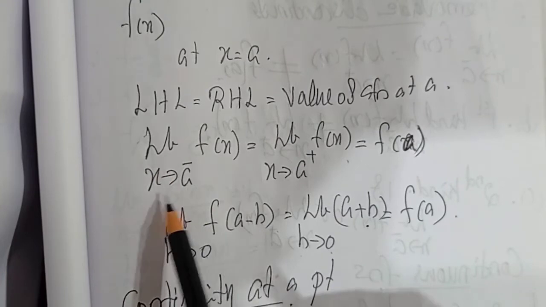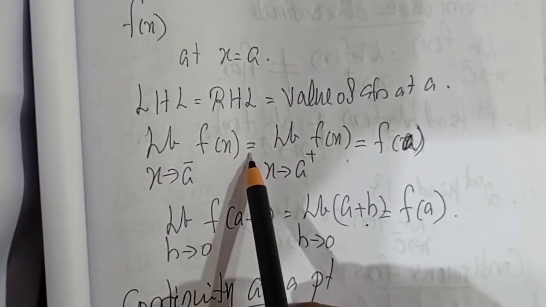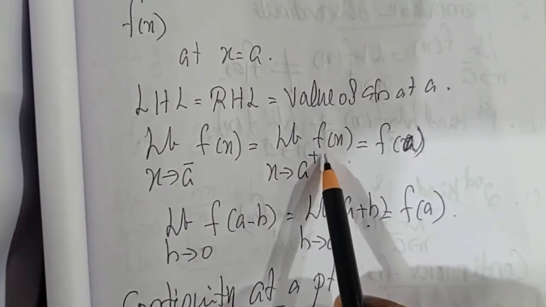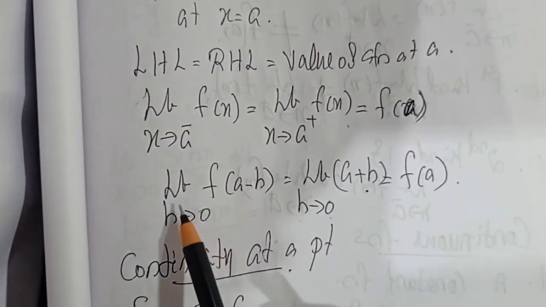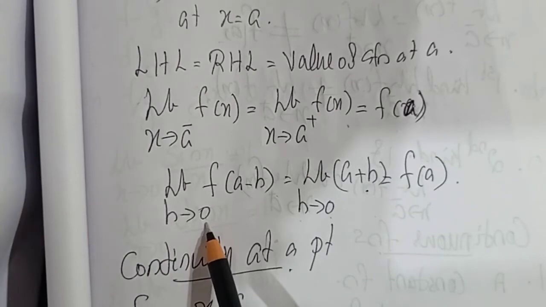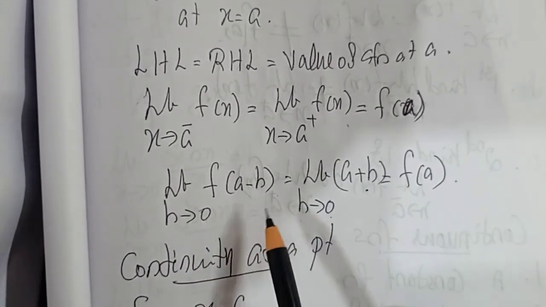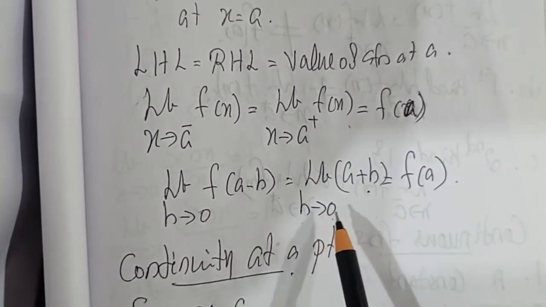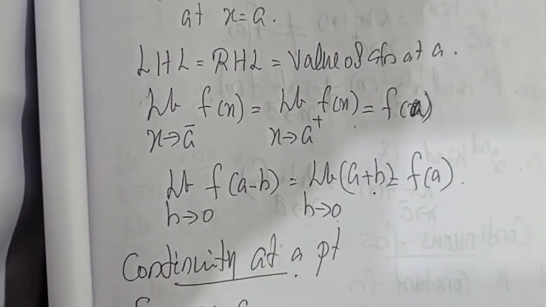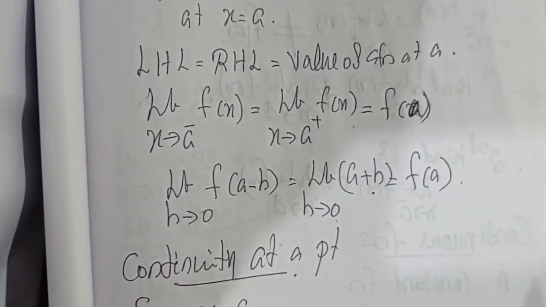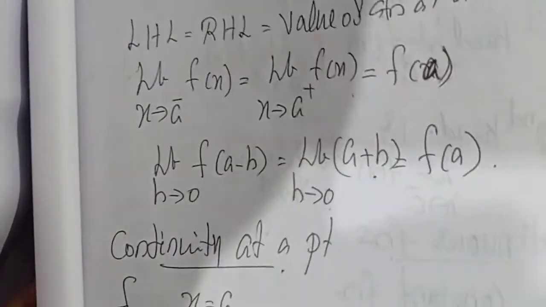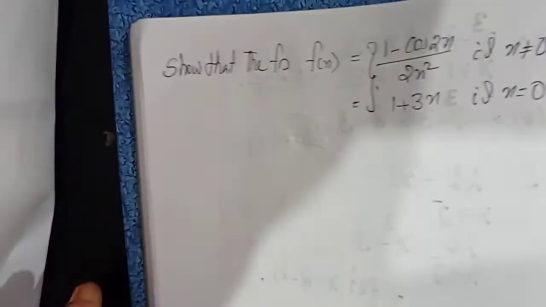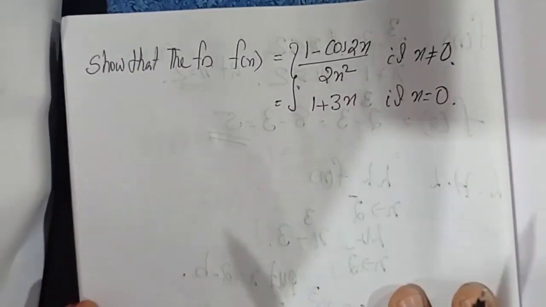That is, limit x tends to a minus f(x) is equal to limit x tends to a plus f(x) is equal to f(a), or limit h tends to 0 f(a minus h) equal to limit h tends to 0 f(a plus h) equal to f(a). LHL equal to RHL equal to f(a) means the function is continuous at x equal to a.